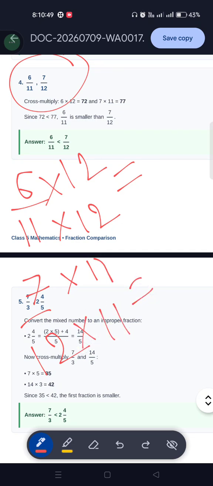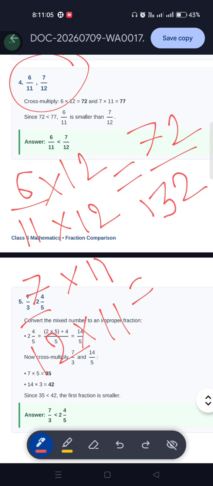So you will get 12 times 6 is 72 upon 11 times 12. You will multiply these two: 12 times 1 is 12, 1 carry, 12 times 1 is 12 and 1 is 13, 132. Here also you will get 7 times 11 is 77 and 12 times 11 is 132.